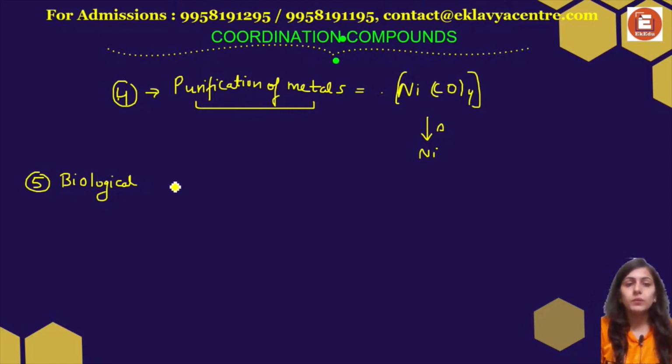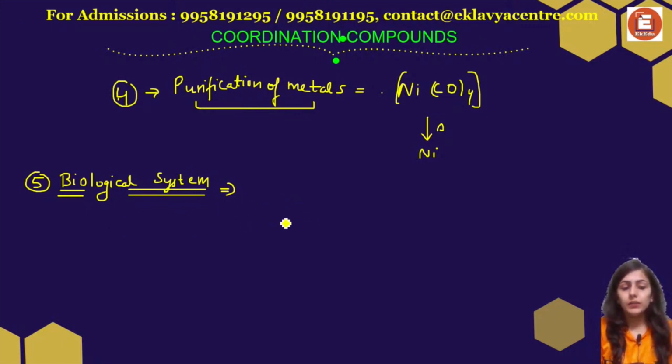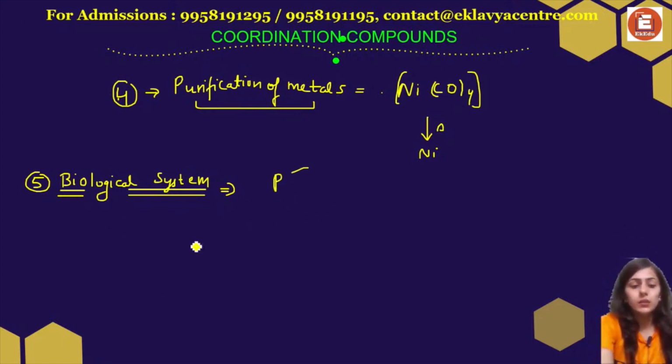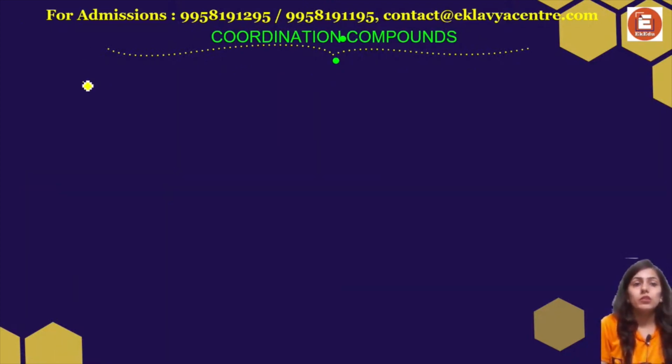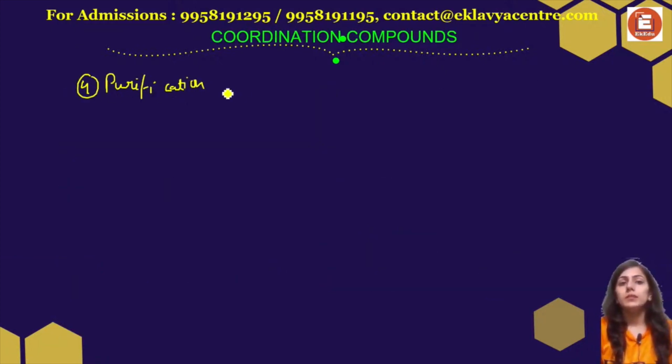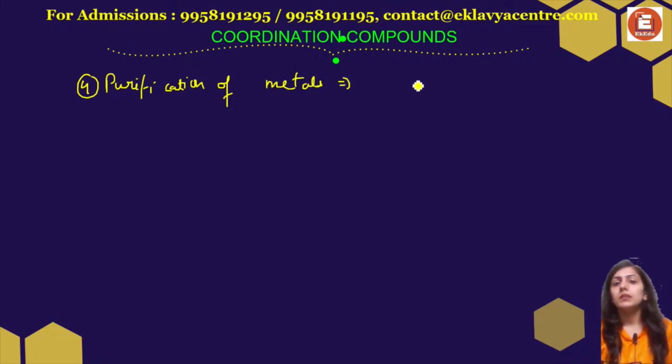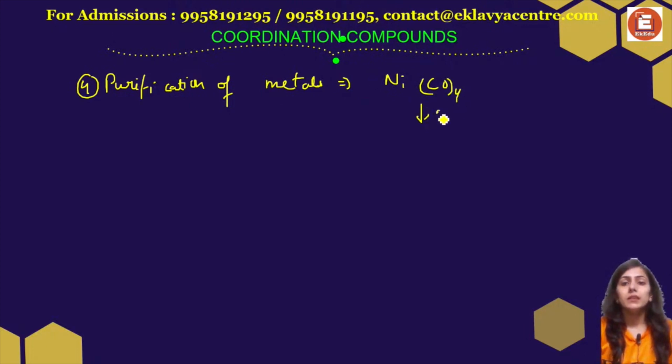Fourth is purification of metals, like we have the nickel carbonyl complex. If we heat this complex, we will get our pure nickel metal back.